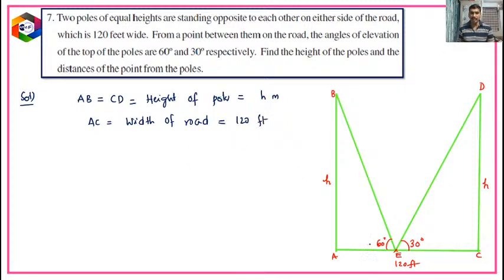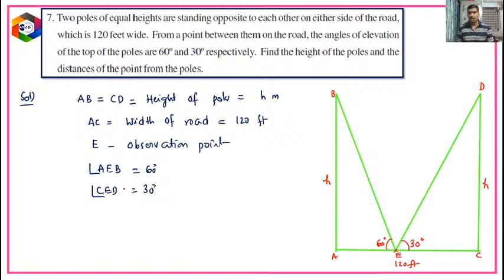E is the observation point. Next, angle AEB is equal to 60 degrees, and similarly angle CED is equal to 30 degrees. Okay, children, this is the information which is given.